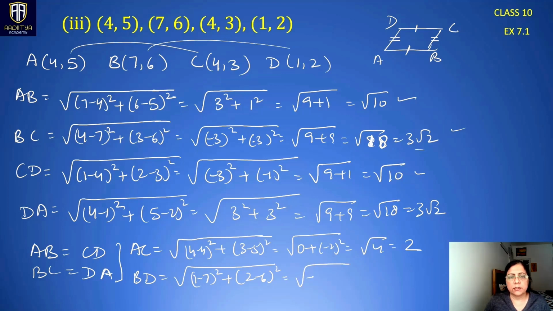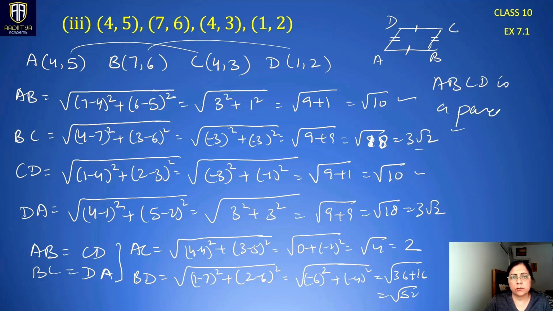So we have minus 6 square added to 2 minus 6 is negative 4 square. They are not equal. 36 plus 16 is root 52. So here we can see that ABCD is a parallelogram. Because diagonals are not equal, this cannot be a rectangle. This is a normal parallelogram in which opposite sides are equal.